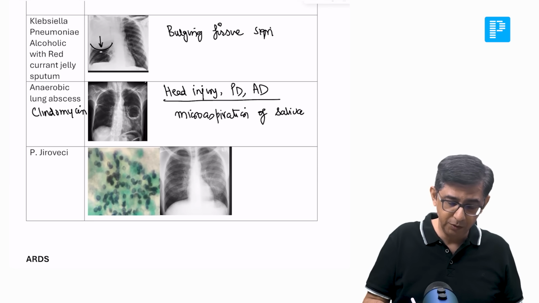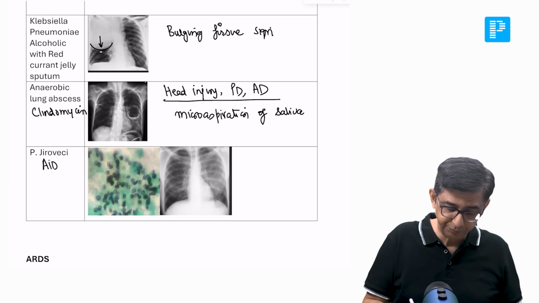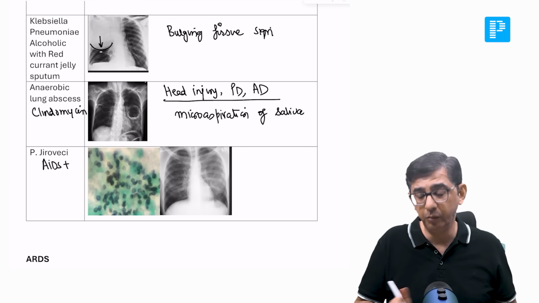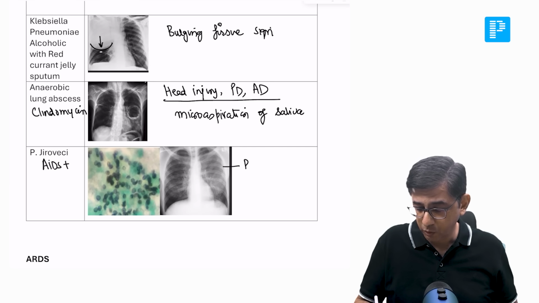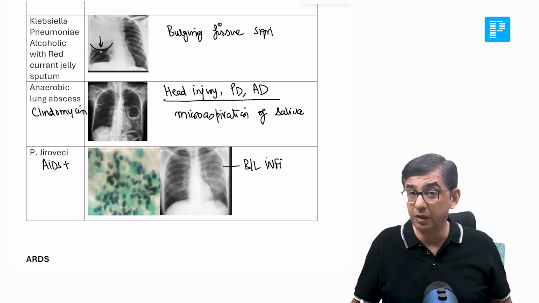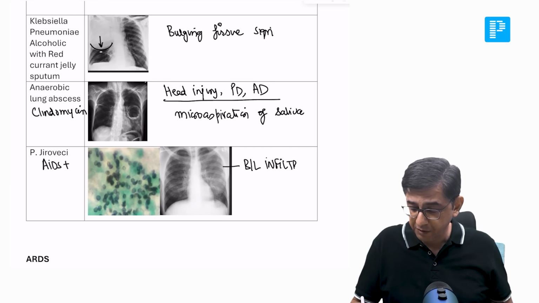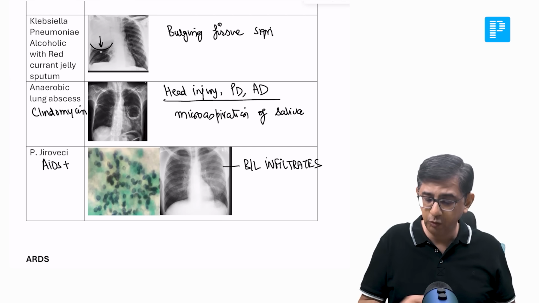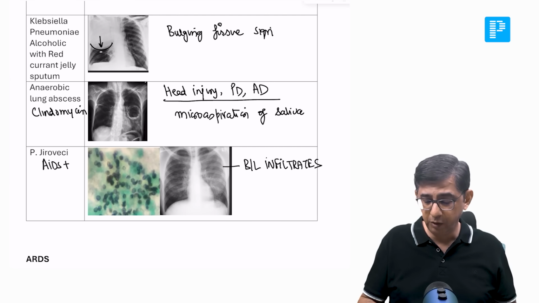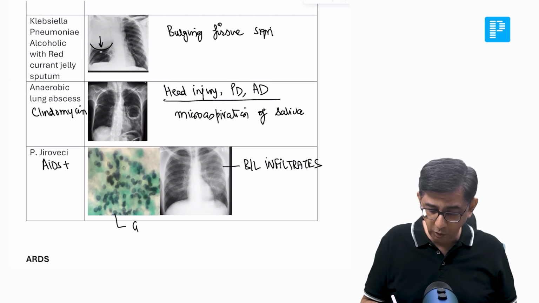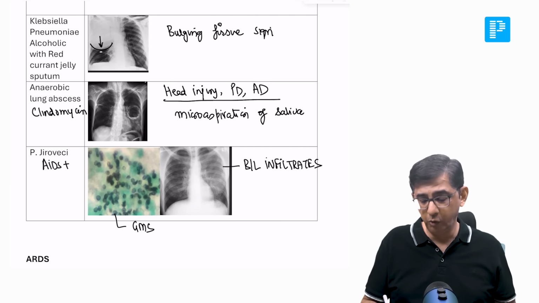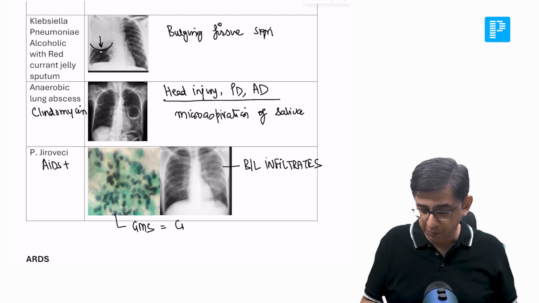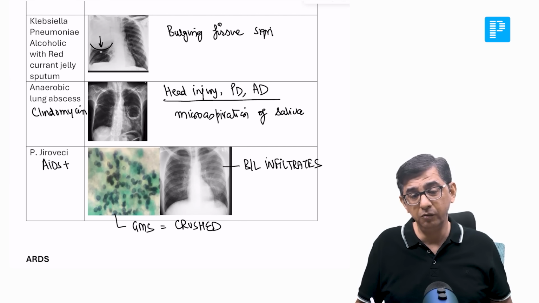Then every time he talks about an AIDS positive patient, he starts talking about pneumonia, and in the X-ray you notice bilateral infiltrates. If he says lobar pneumonia, even if he says low CD4 count, answer it as pneumococcus. But if he mentions the word bilateral infiltrates, and then in Gomori methenamine stain, you can see a crushed ping pong ball appearance, that's the word to be remembered, guys.